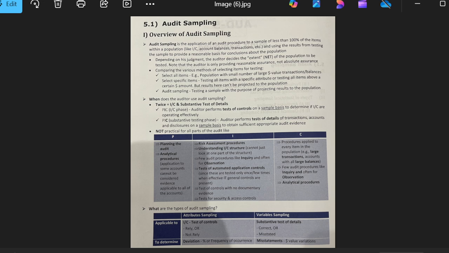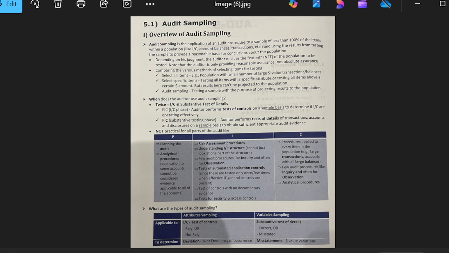As we cannot audit 100% of transactions, the auditor is required to get samples for which detailed testing is done, a test of details is performed, to obtain the comfort of the audit they are performing. Depending on judgment, the auditor decides the extent of the population to be tested. The auditor is only providing reasonable assurance and not absolute assurance.